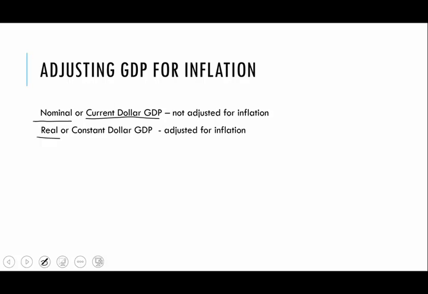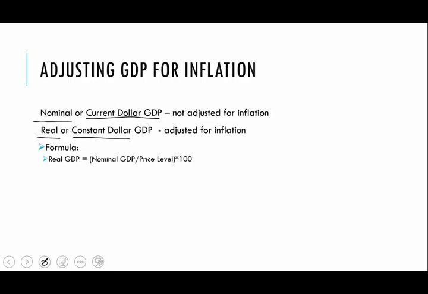And the other term for real GDP is constant dollar. So we're keeping the dollar amount constant to what it was in the base year. Nominal or current dollar GDP is not adjusted for inflation. Real or constant dollar GDP is adjusted for inflation, and you might see either term used.